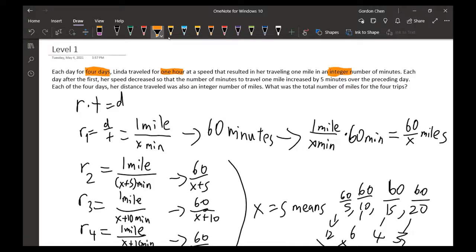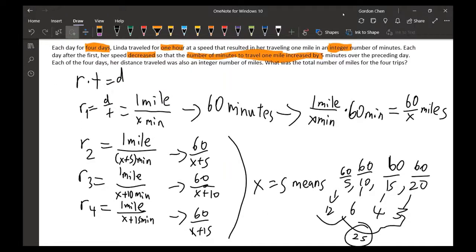Each day after the first, her speed decreases so that the number of minutes to travel 1 mile increases by 5. And on each of the 4 days, her distance traveled was also an integer number of miles. So what is the total number of miles?